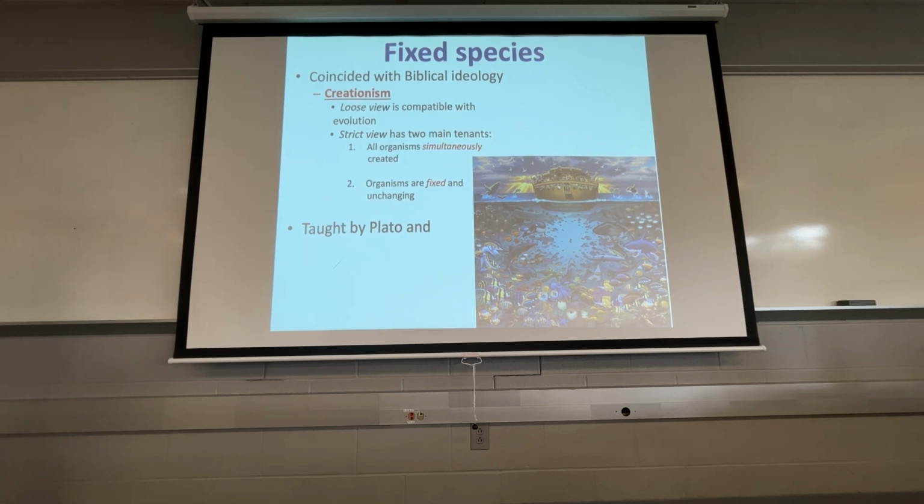The stricter view, the biblical view, is cut and dry, right? All organisms were created at the same time, a few thousand years ago, and they haven't changed. The ones that are dead and the ones that are alive, right? The ones that died, that are fossilized, probably died in the flood because they didn't make it onto Noah's Ark, right?